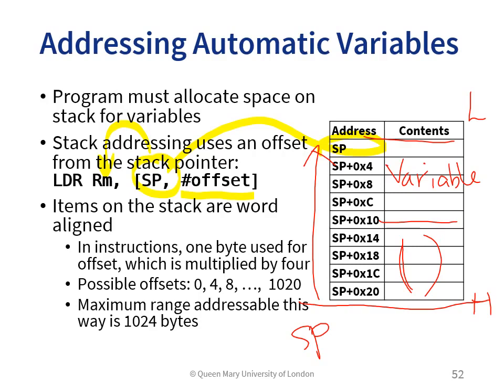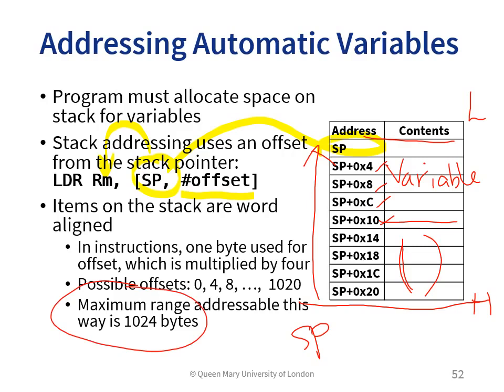A reminder is that all the items on the stack are word aligned, and therefore every time SP changes, you add 4 to the values: 4, 8, 12, 16, and so on. The maximum range that you can address would be 1024 bytes.